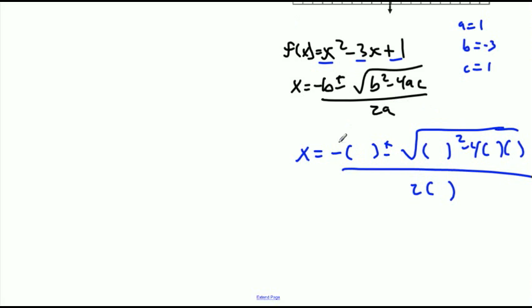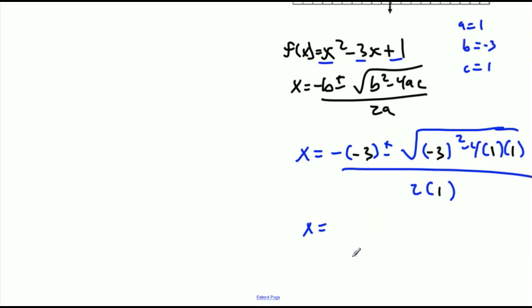Okay, so x equals negative b, so whatever b is, negative 3. Plug that in right there. Negative 3 squared minus 4 times a times c, all over 2a. Cool beans. So let's simplify this.